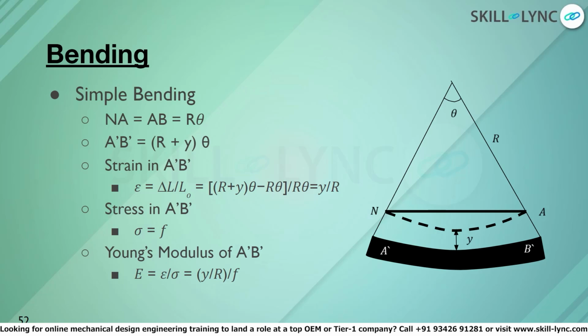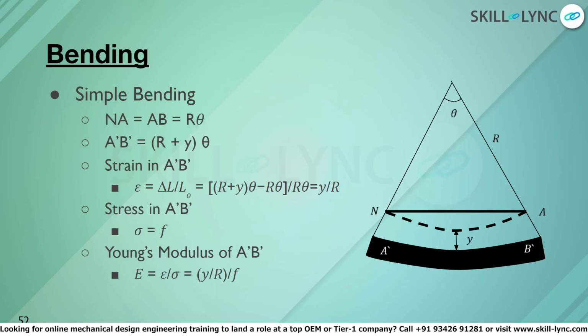Next, when we look at the strain in the section A dash B dash, epsilon will be equal to delta L divided by L naught, wherein delta L is the change in length and L naught is the original length. The change in length is the difference between the final length and the original length. Here we know that the final length is r plus y theta and the original length is r theta.